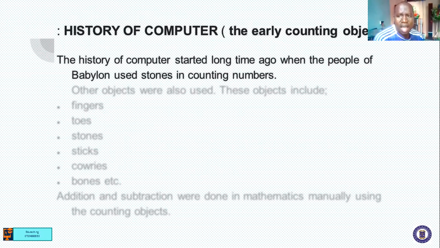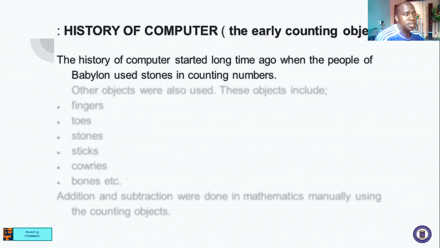So if I am a farmer and I have 3 farms in 3 different locations, and in all these farms I farm yams, I may like to know the number of tubers of yams I got in each farm, and then the total number of yams that I have in an entire year. So how am I going to know this? I am going to look for counting objects.